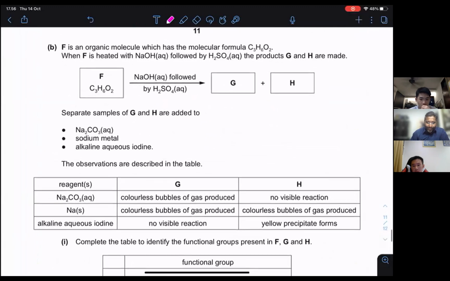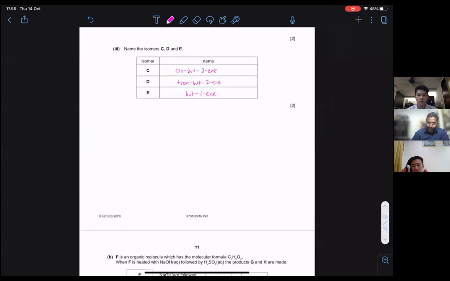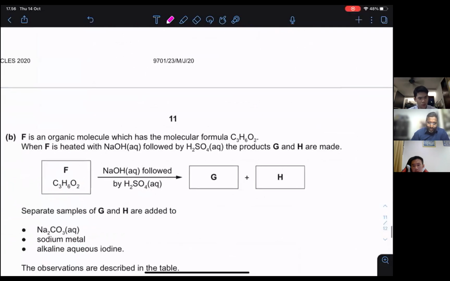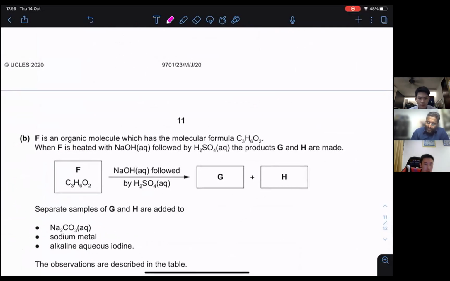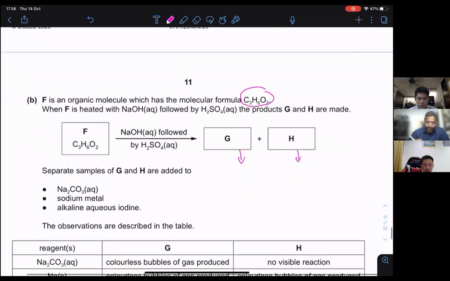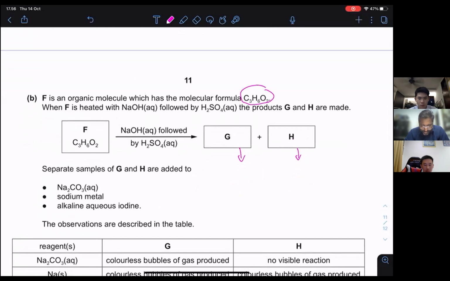Okay, the next question. F, let's see what is F. This is something new. F is an organic molecule that has this molecular formula. When F is heated with NaOH, and after that you follow with H2SO4, the following products are made, which are G and H. Separate samples of G and H are added to this.